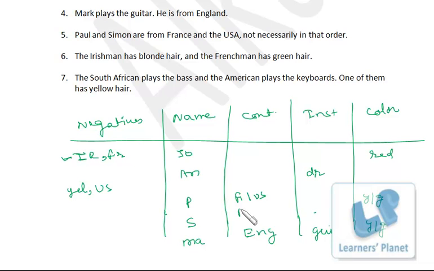Next is the Irishman has blonde hair and the Frenchman has green hair. So French, green, but we are still not clear. The South African plays the bass and the American plays the keyboard. One of them has yellow hair.